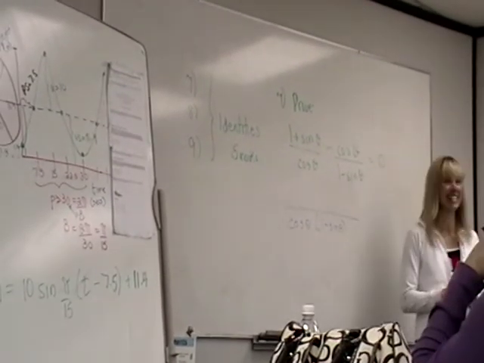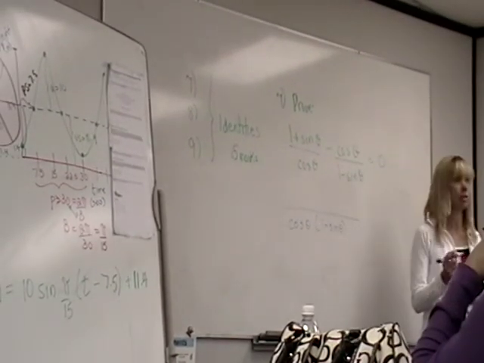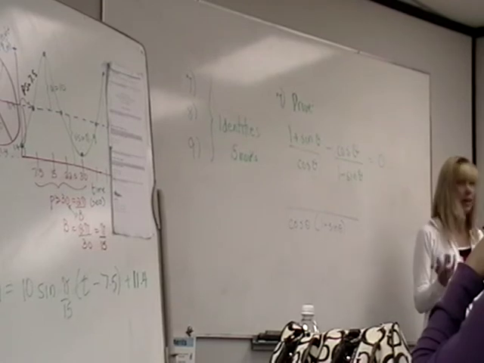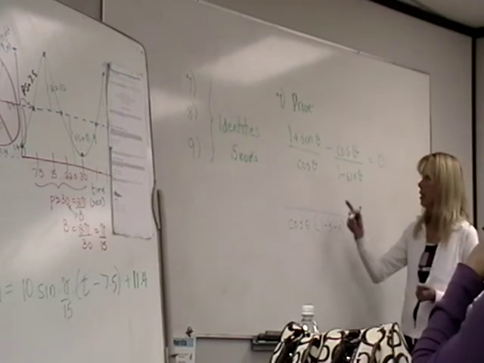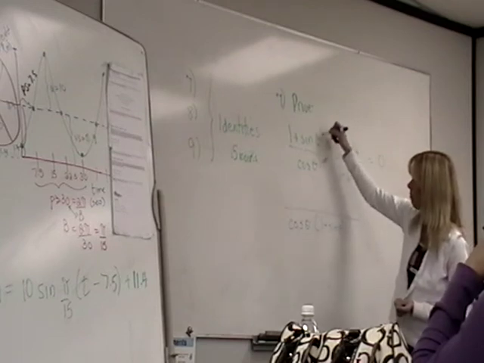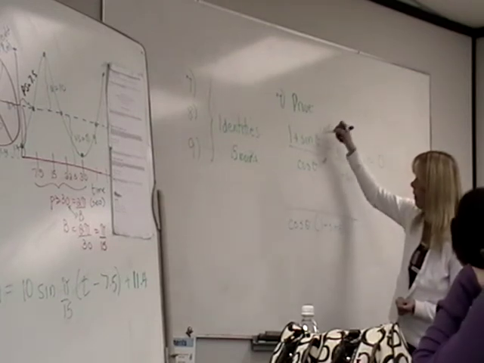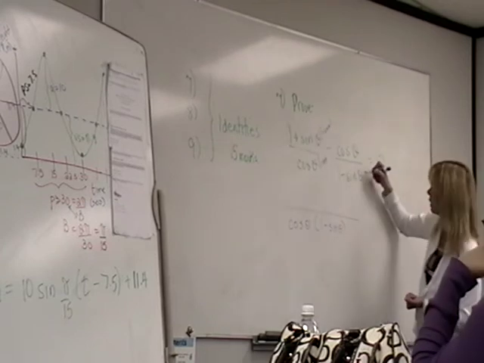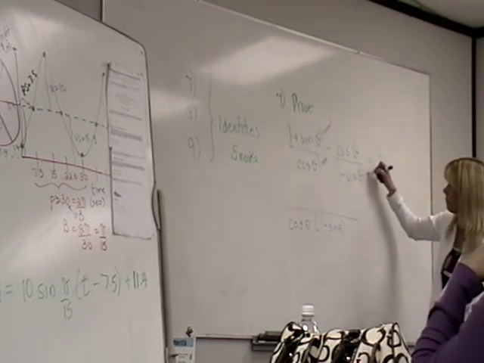Okay, I would get the same denominator. Whenever you have fractions, think of getting the lowest common denominator. So this one here, you need 1 minus sine, top and bottom. And this one here, you need a cosine, top and bottom.